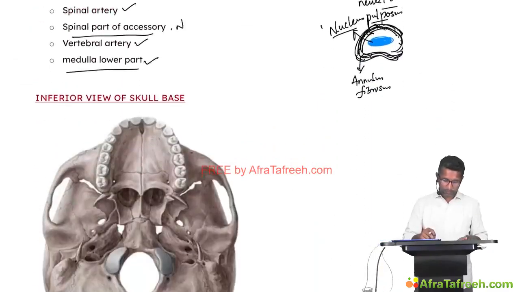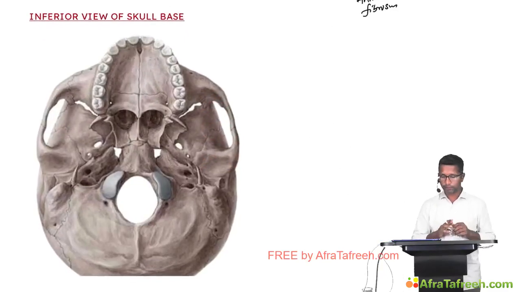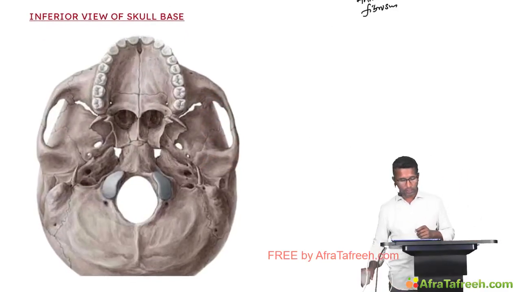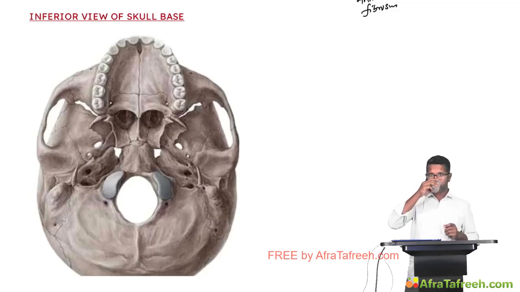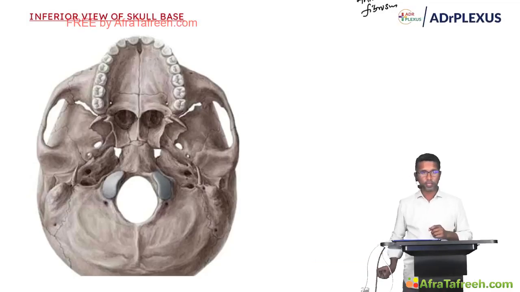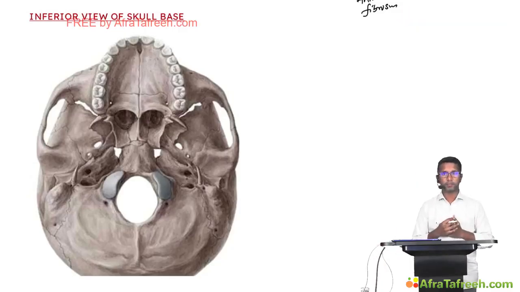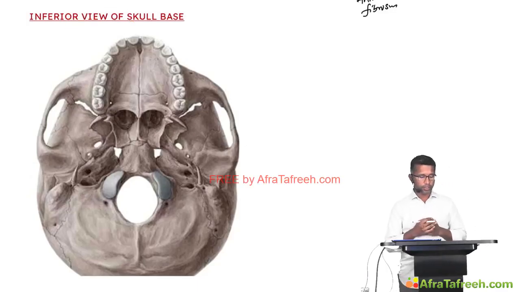We'll go to the next view of the skull, that is the inferior view of the skull. This is the norma basalis view of the skull, and again you get a lot of important regions in this.